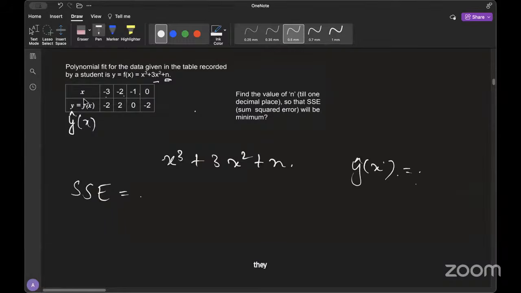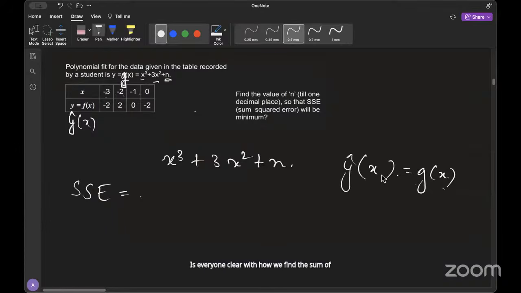They shouldn't have written f(x) here because they've already used f(x) here. So let's call this one g(x). So your y cap x is just g(x). That means your y cap of -3 should be equal to -3 substituted in this equation. Is everyone clear with how we find the sum of squared errors, or should we do that in detail first?